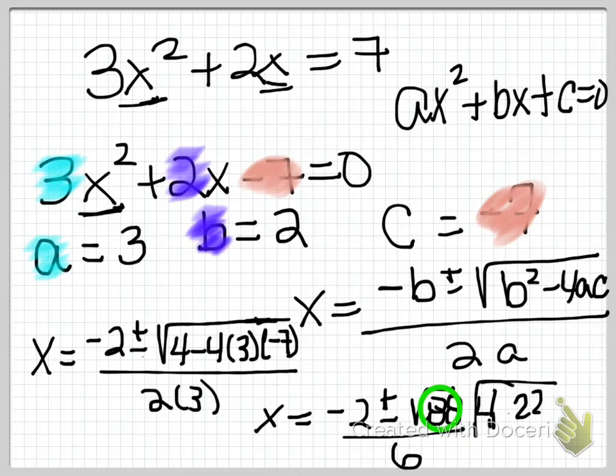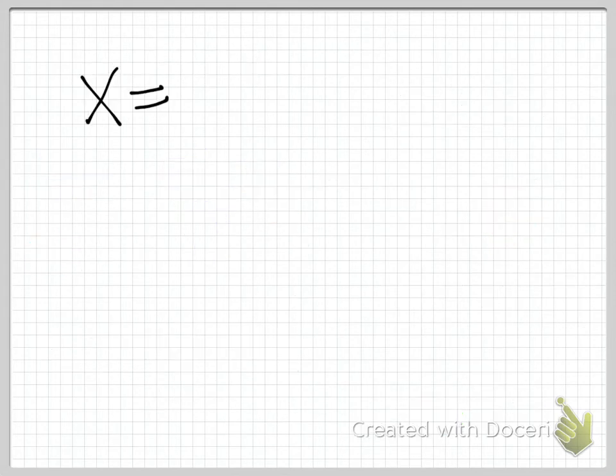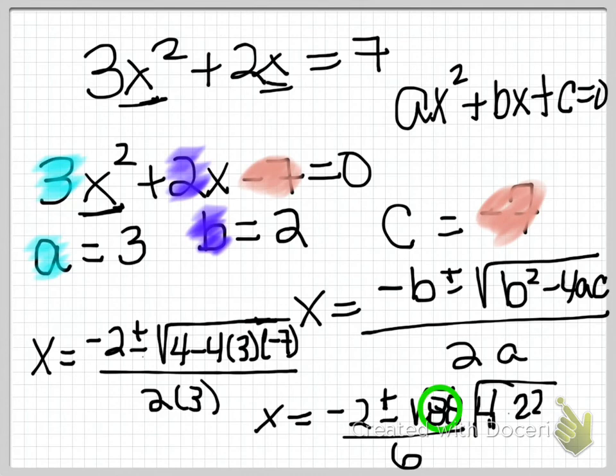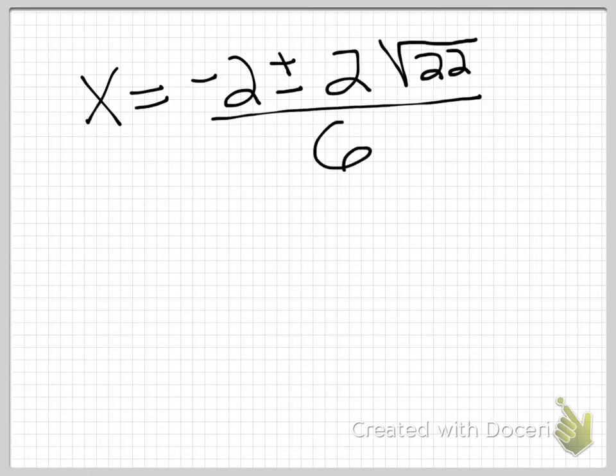So what we're going to end up with, and I'm kind of writing all over the page here, so I'm going to have to go to a new screen. I'm going to end up with x is equal to negative 2 plus or minus 2, which is the square root of 4, times the square root of 22, all over 6.